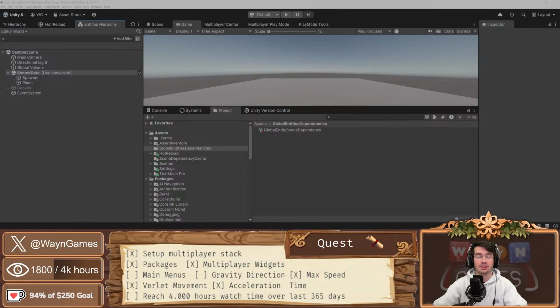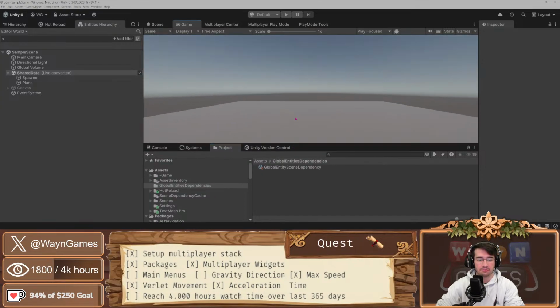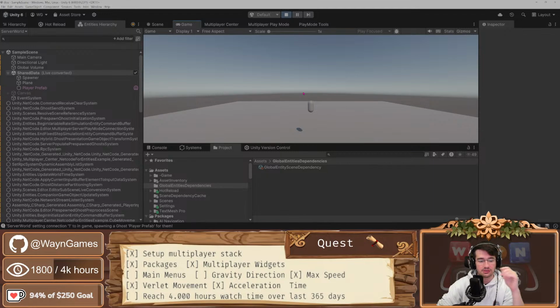So we are back for another session of live coding with Unity multiplayer on Unity 6. I've actually been playing around a bit with the project to try to fix the stuttering issue, let's say. And I now have a basic character controller that works fine.